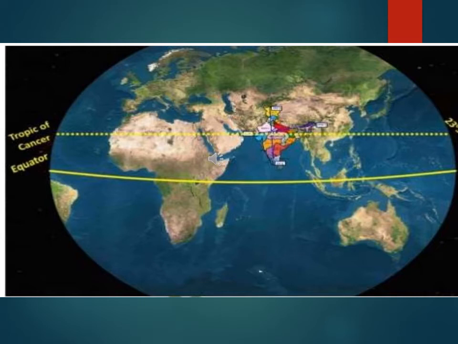In this diagram, you can see clearly that the entire India is in the northern hemisphere, and the dotted line here is the Tropic of Cancer. Just observe this: the Tropic of Cancer is passing through India, dividing India into almost two equal halves.